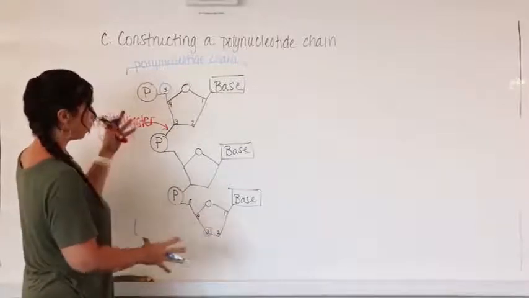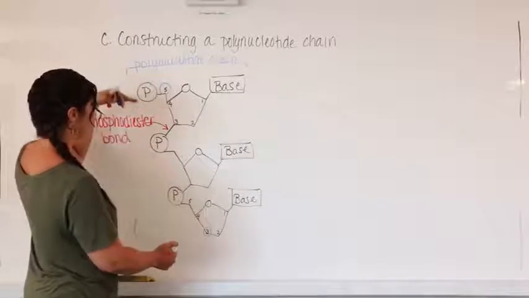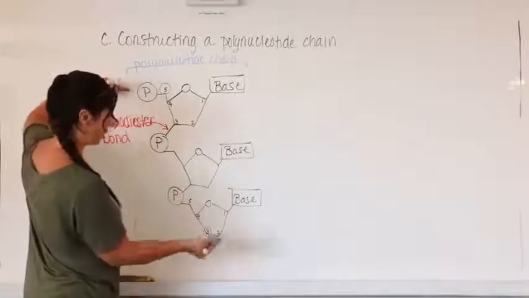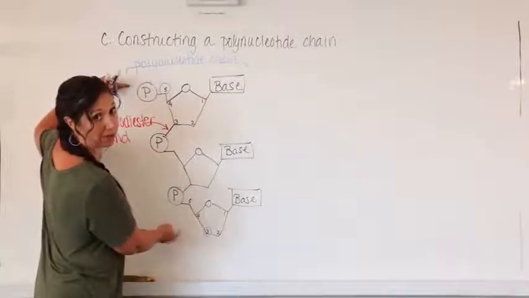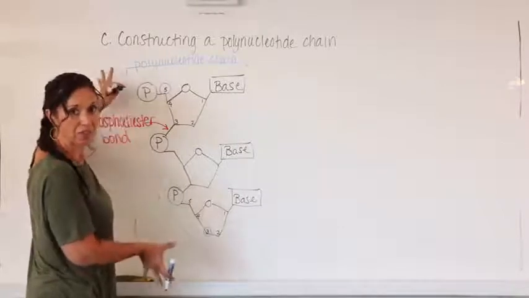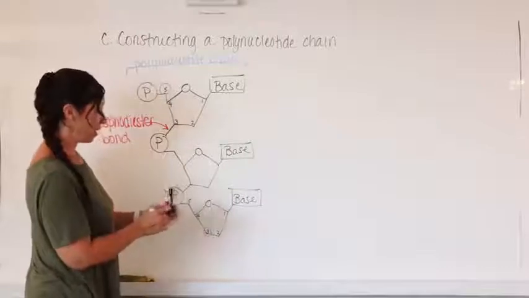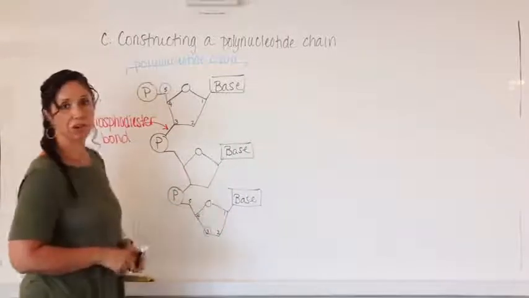So the way we order this, we actually say this polynucleotide, this would be the 5' end, and this would be the 3' end. Prime is just giving you the direction on which one's facing closest to what end. So 5' is here, 3' is here. So this would be your typical RNA.